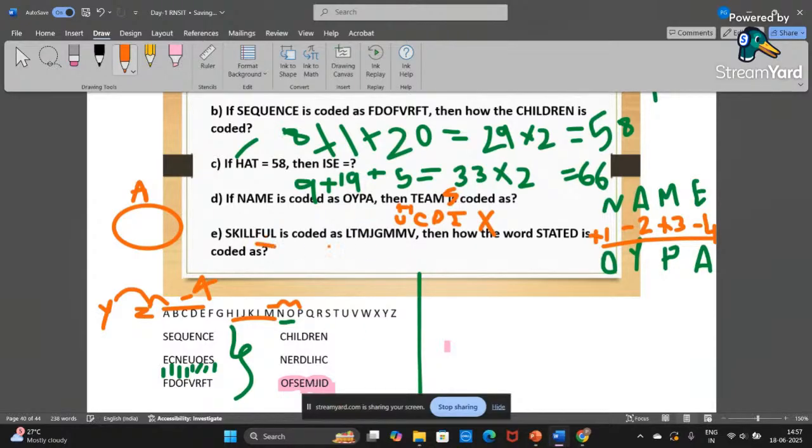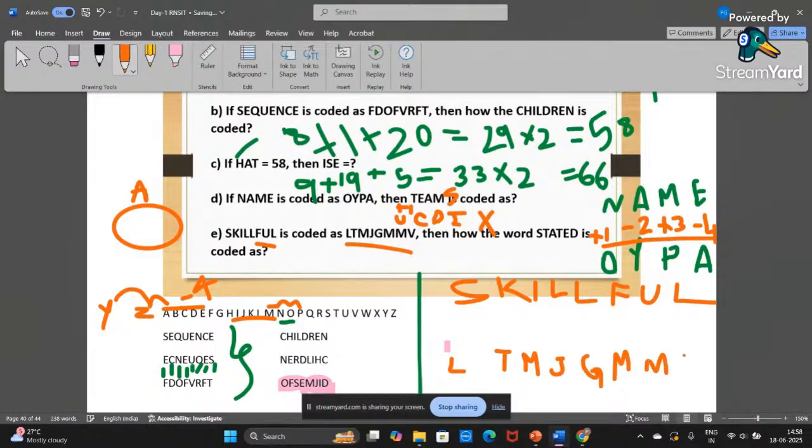Now let us find out for the word SKILLFUL. First we need to find the logic between this and this. J, G, M, M, V. First, what they have done here, they have coupled the letters in pairs.